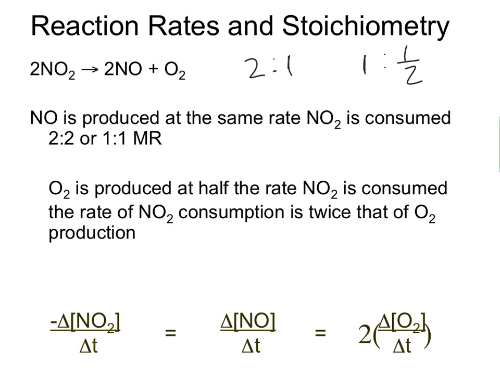So the production of O2 is occurring at half the rate of the production of NO. In order for these rates to match up, I would need to double the rate of production of O2 to match the rate of production of NO or NO2, respectively.